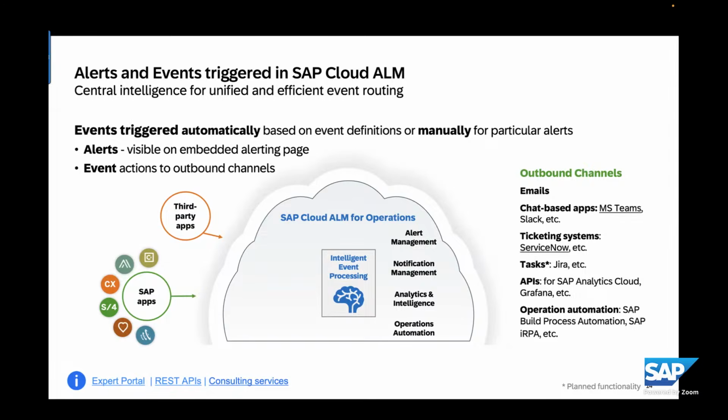You can create tasks in Jira, for example. You can also use public APIs to push out the data to SAP Analytics Cloud or Grafana. Or you can even use operation automation, for example, SAP Build Process Automation, IRPA, and so on and so forth, to simply trigger some follow-up activities for a raised alert.